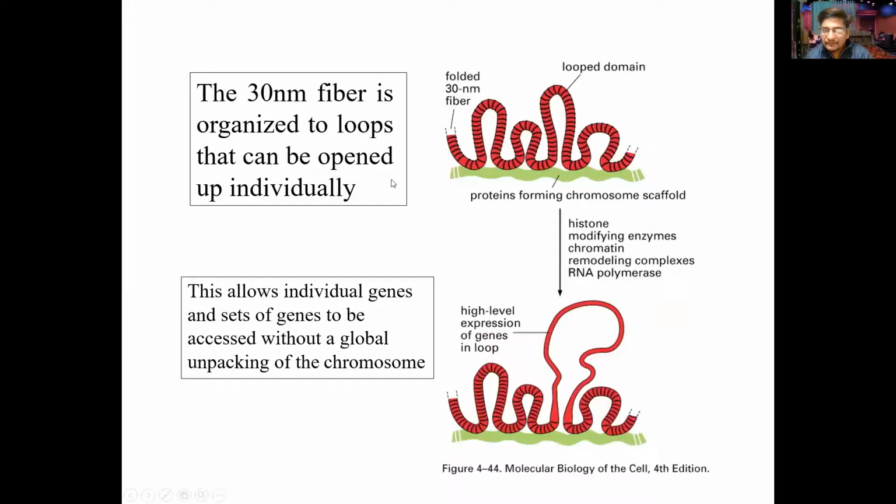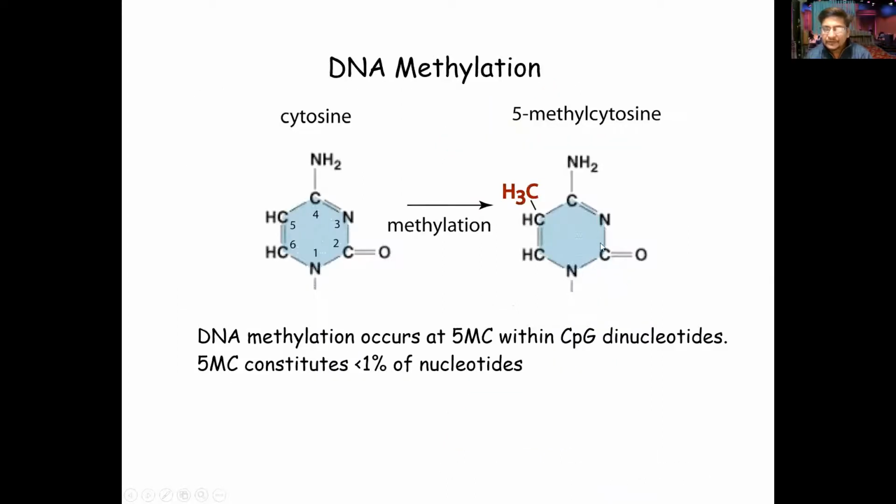And this scaffold I was talking about in the loop domain will turn into the 300 nanometer structure, and many other enzymes are going to be there, for example histone modifying enzymes, chromatin remodeling complexes, and RNA polymerase. They're all going to bind on this.